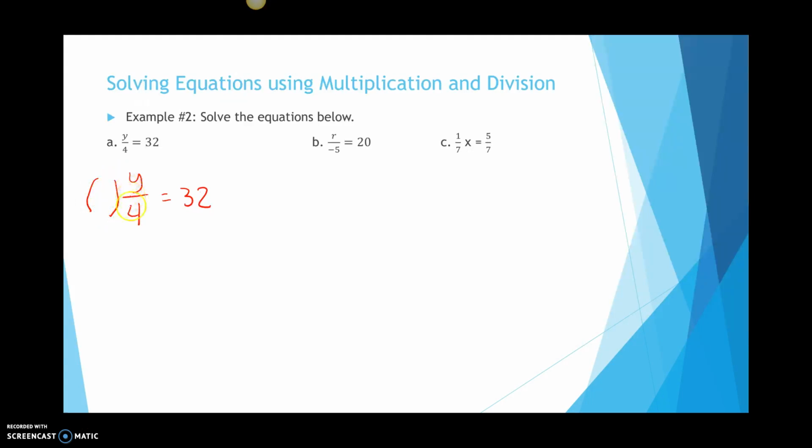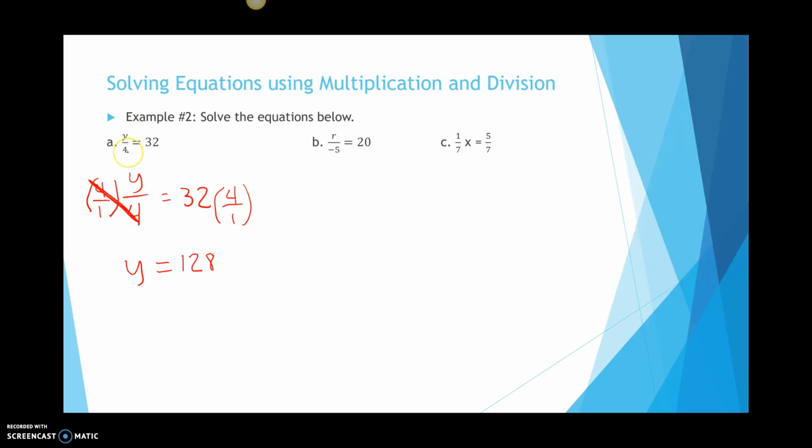This could be like 1y over 4. So if we multiply the left side by 4 over 1, we multiply the right side by 4 over 1. On the left side, the 4's are going to cancel, leaving us with y equals, well, 32 times 4 over 1, that's just thinking of it as 32 times 4, which gives me an answer of 128.